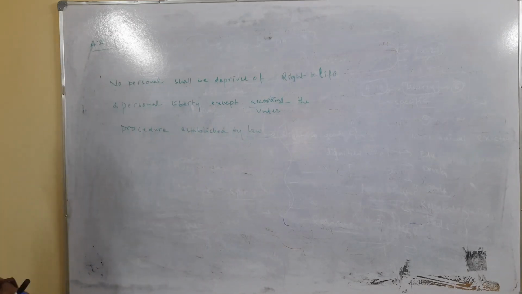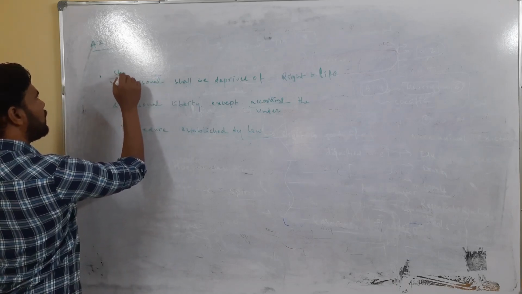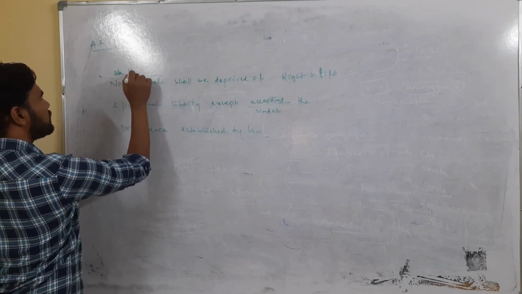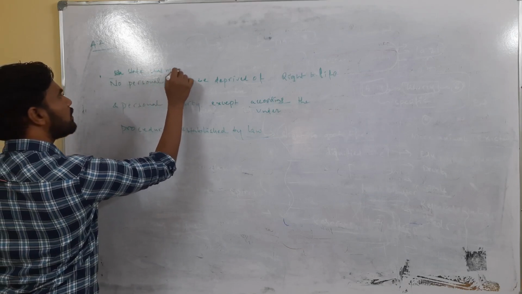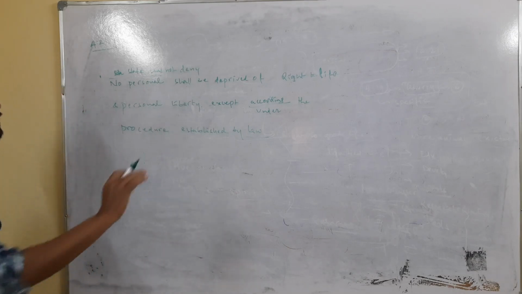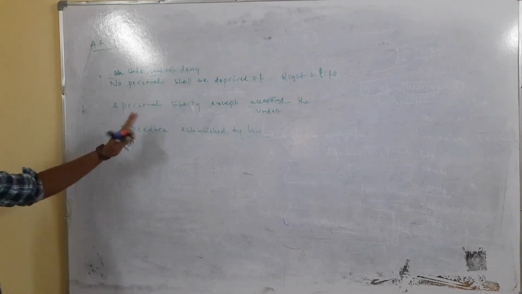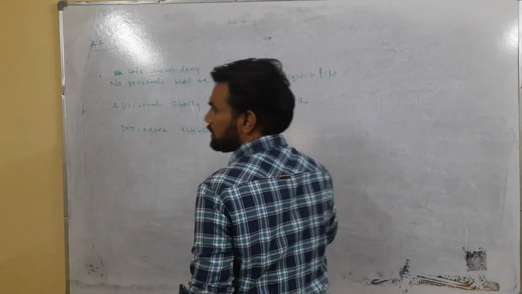No person shall be denied, or you can write it like this also: the state shall not deny to any person the right to life and personal liberty except according to the procedure established by law.